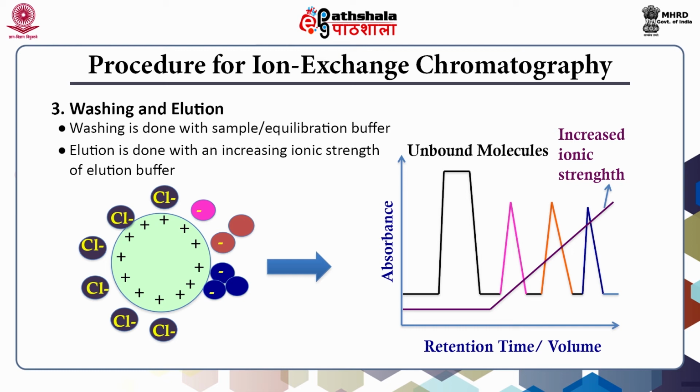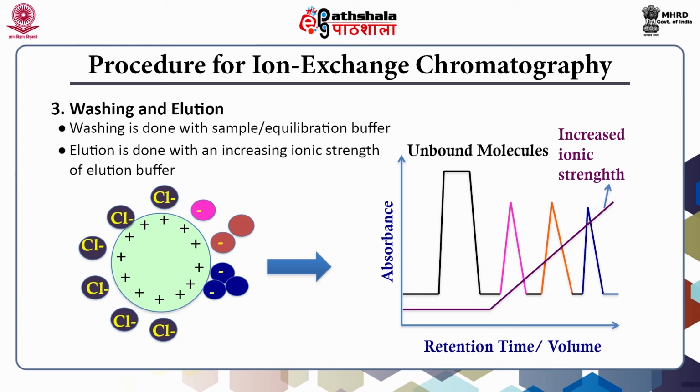You can observe in this picture the first peak, which is a very broad black peak, that indicates all the impurities that are not attached to the column and that are eluted first. At that stage, you can see the dark pink line that represents the ionic strength of the sample buffer or equilibration buffer.